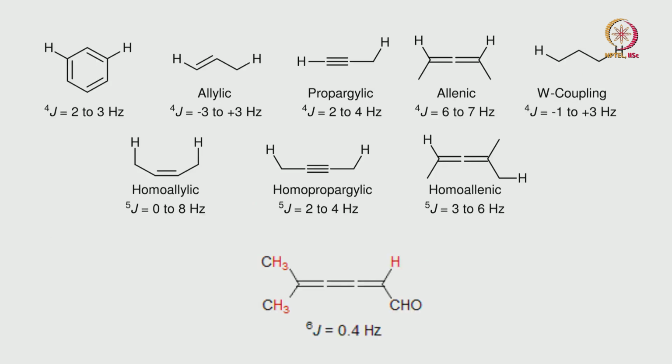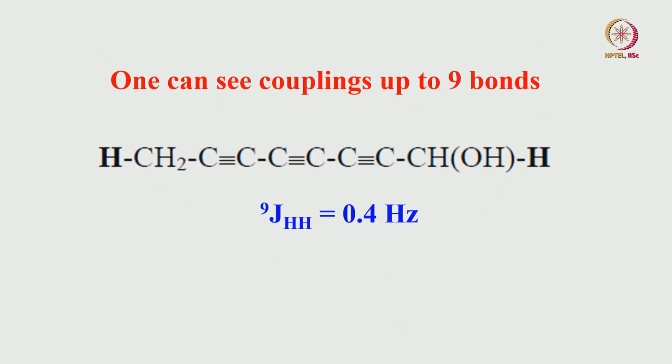And in this type of molecule, a linear chain, you can get 6 bond coupling. 5 bond coupling you can see very regularly, 3 to 6 hertz. This is rare, I tell you, it is not easy, because after 2 or 3 bonds the coupling strength drastically comes down. But these are all classic examples where you can get the coupling even up to 5 bonds, 6 bonds also. In an example like this, the coupling between this proton and this proton, separated by 9 bonds, you can see of the order of 0.4 hertz.